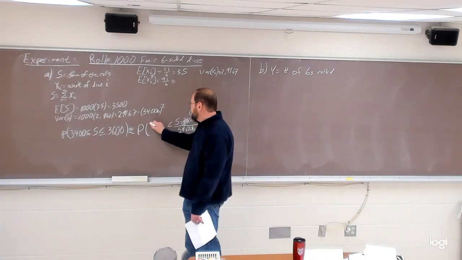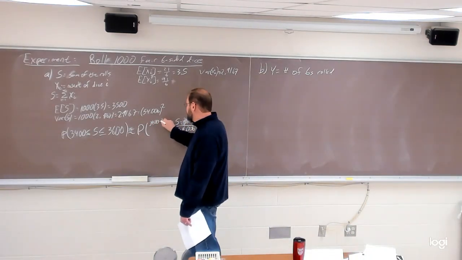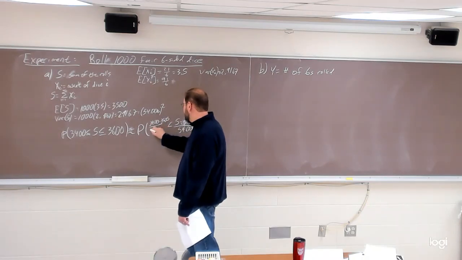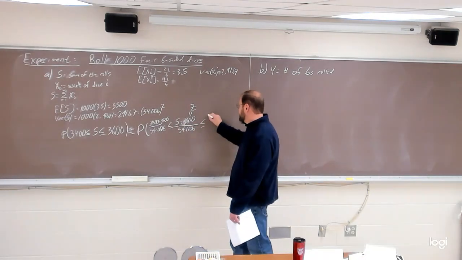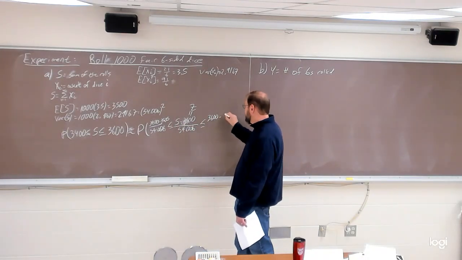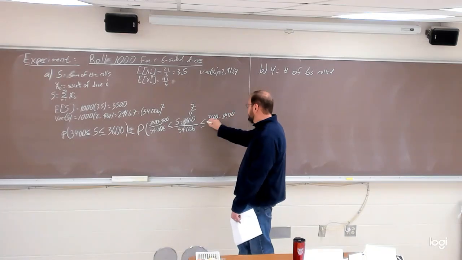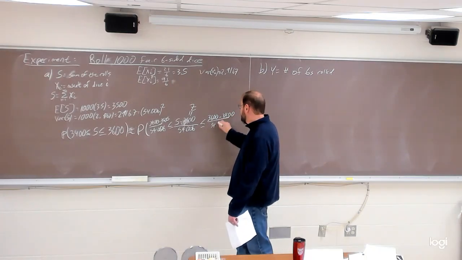So on this side it'd be 3,400 minus 3,500 divided by 54.006, and on this side it would be 3,600 minus 3,500 divided by 54.006.